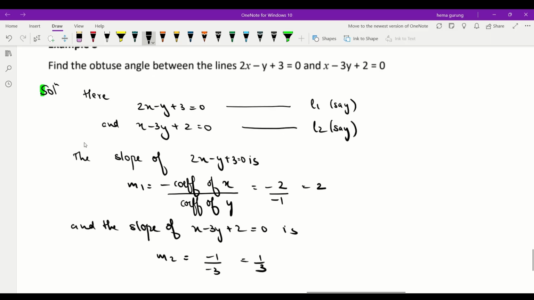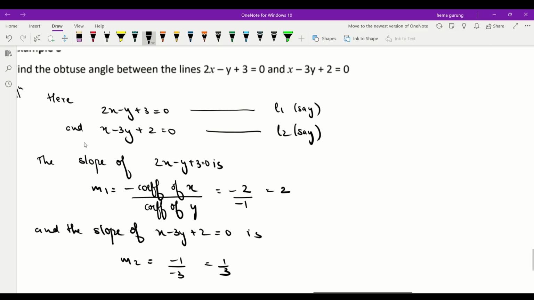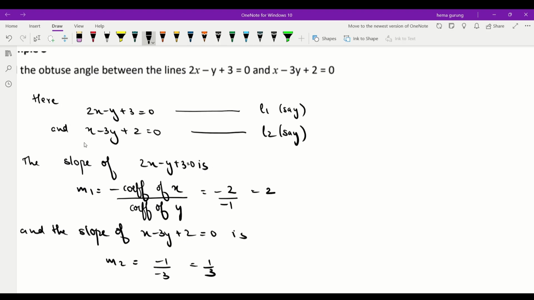Now we have to find the obtuse angle, right? See how we do it. Using the formula, we have tan phi equals to plus minus (m1 minus m2) divided by (1 plus m1 m2).